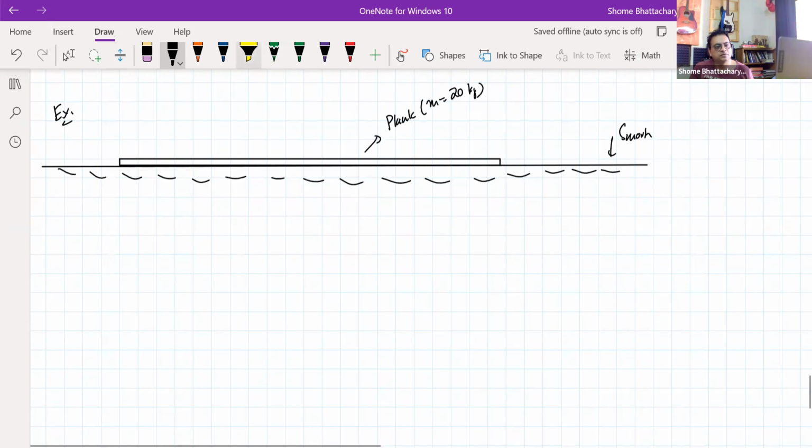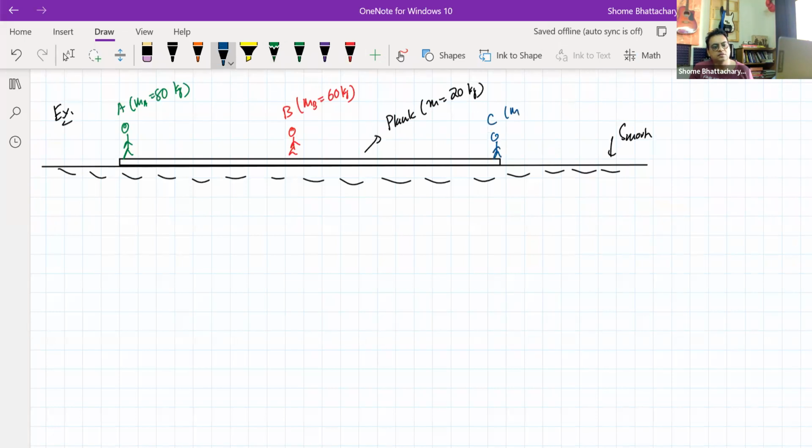And we have three people. We have person A of mass 80 kilograms. Person B initially at the midpoint of the plank, with a mass of, let's say, 60 kilograms. We have another person C at the other end of the plank. His mass is lightweight, let's say 40 kgs.